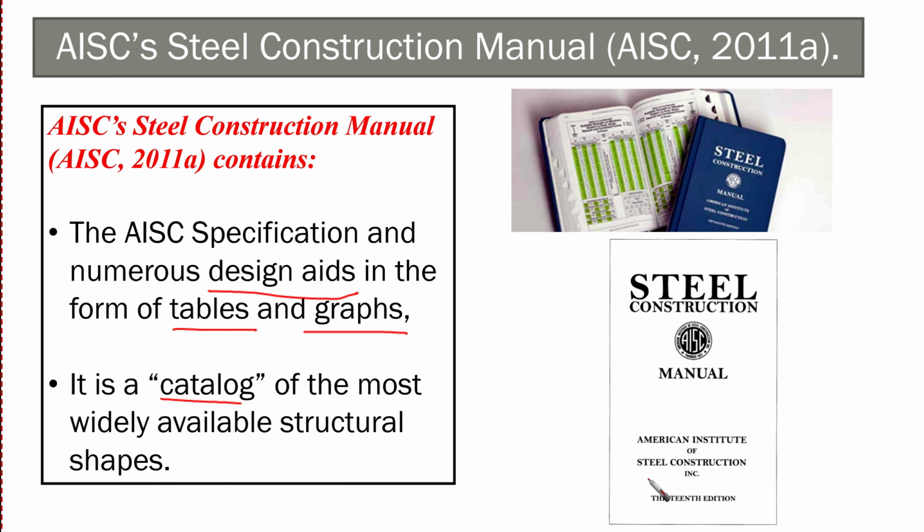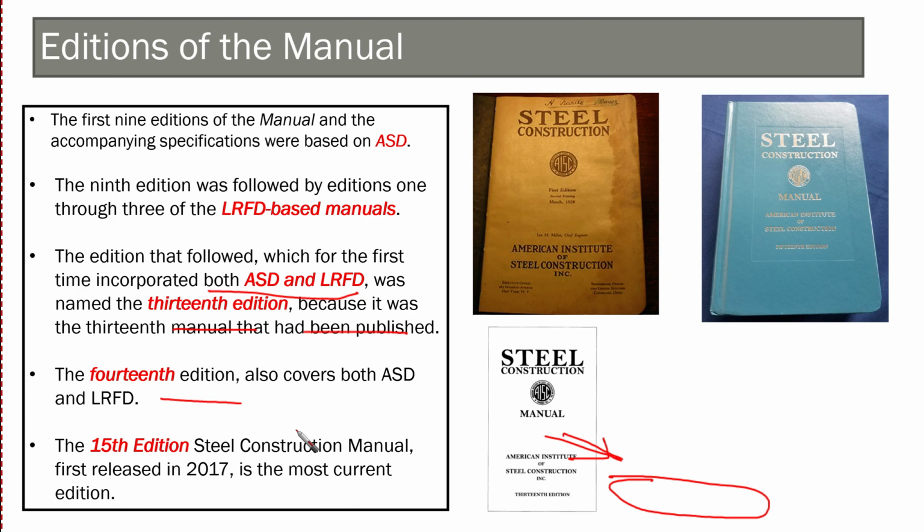Actually, we are going to use the 13th edition in our videos in general, and we are going to focus on this edition because we have different editions, as we are going to see later. The editions of the manual, as you can see here, I found this very interesting picture.